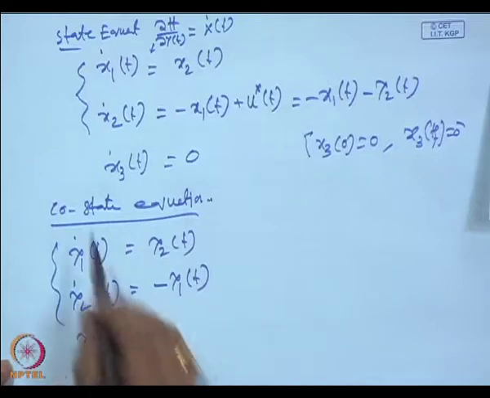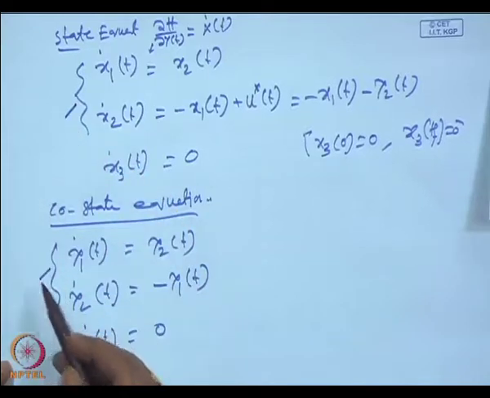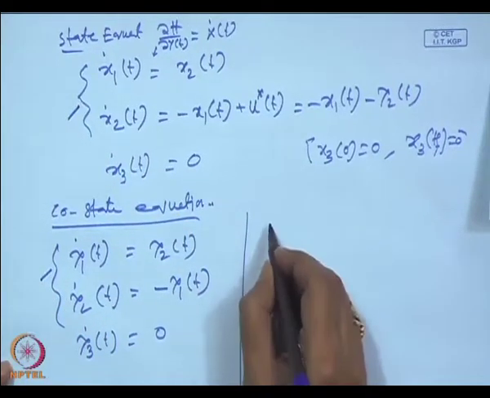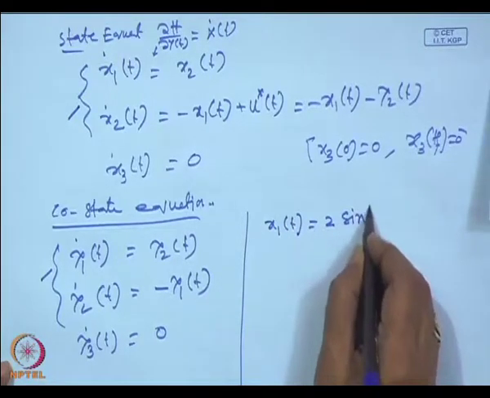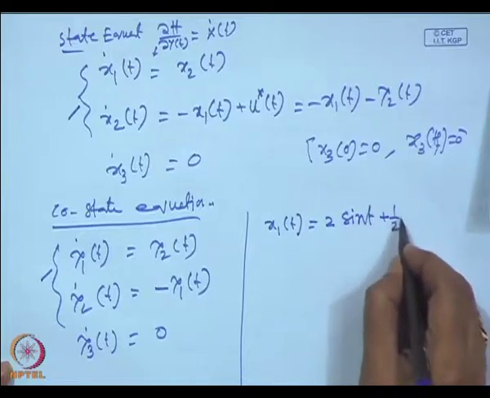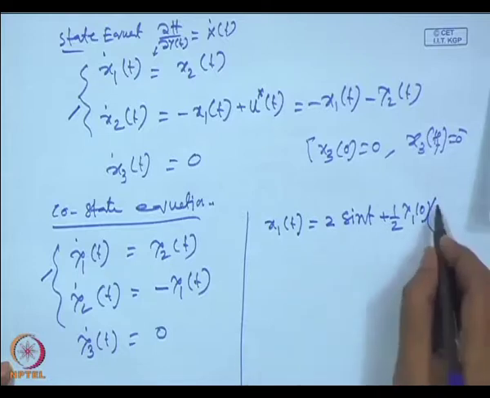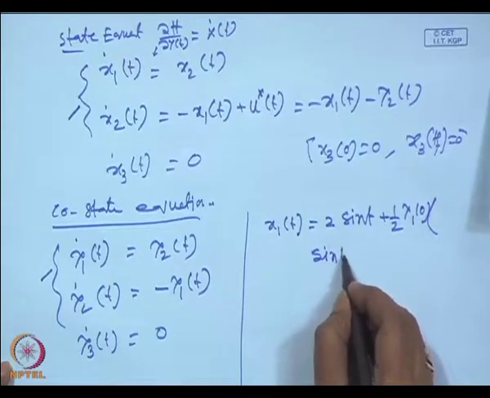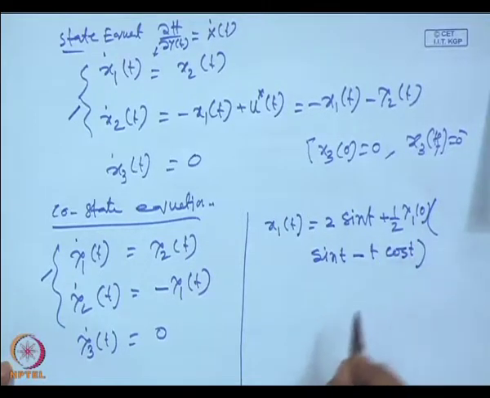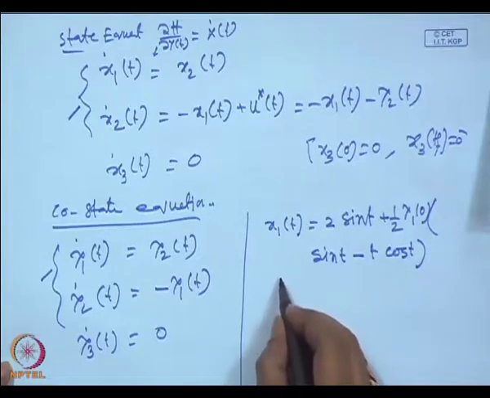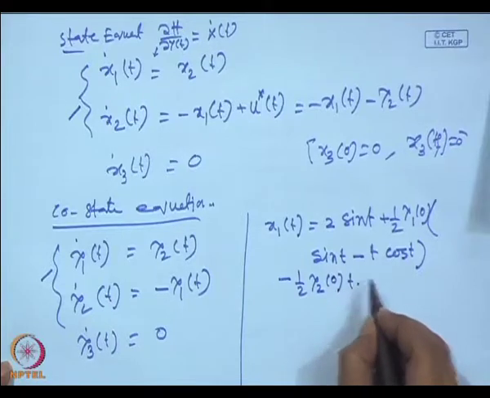Using our initial condition, the solution of these two equations is like this way: x1 of t is equal to 2 sin t plus half lambda 1 of 0 into (sin t minus t cos t), minus lambda 2 of 0 t sin t.